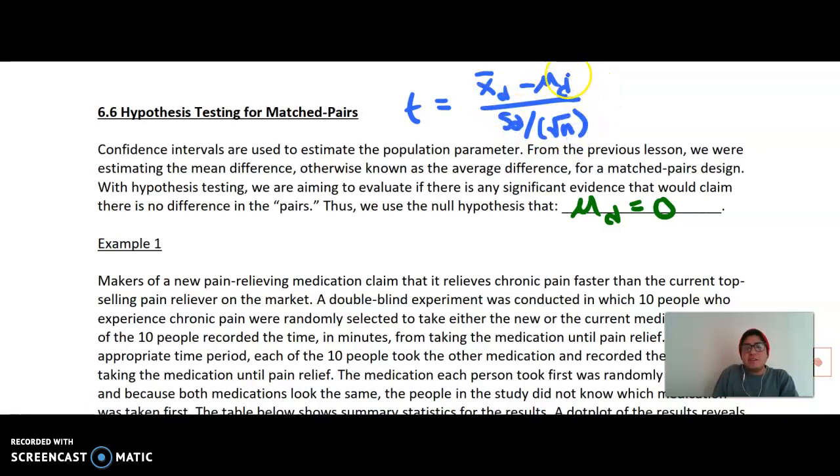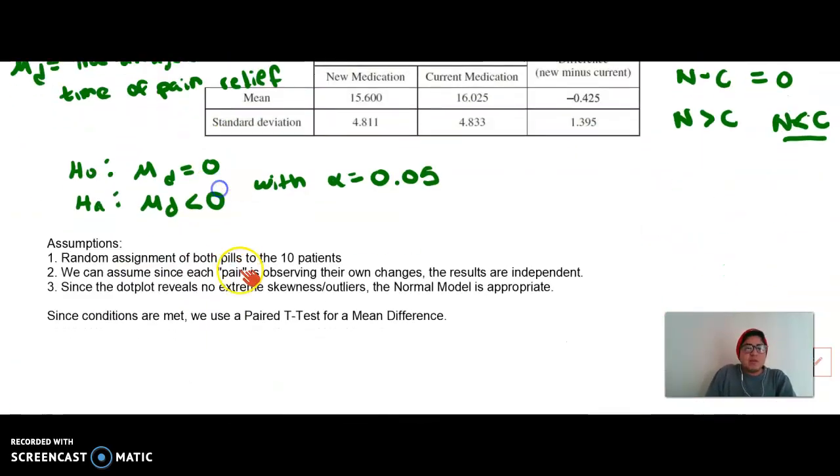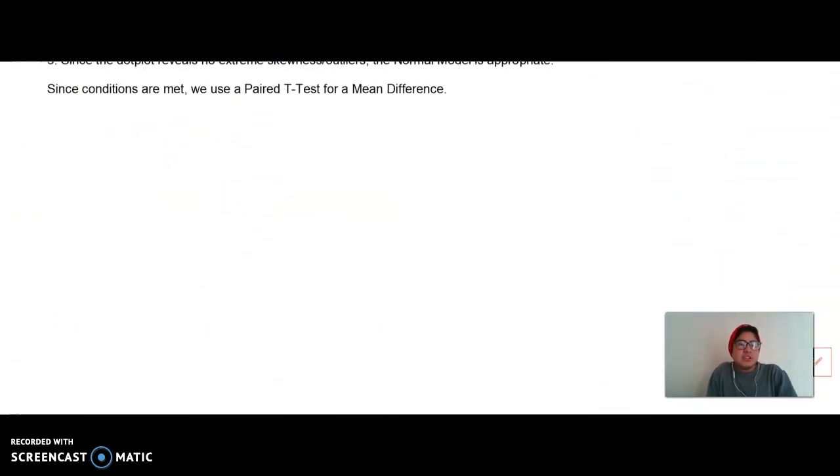Now, note here that we claim that the mean difference is 0, so we can actually ignore this part of the formula, and to find our test statistic, we will take the mean of the sample difference and divide that by the standard error of the differences. So in the same way, we're going to apply that here to our situation.